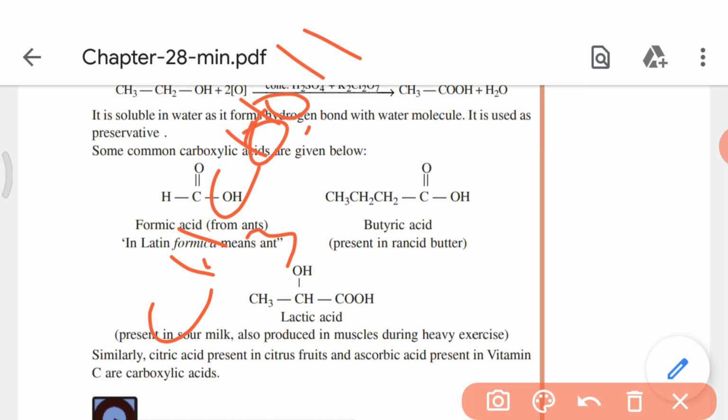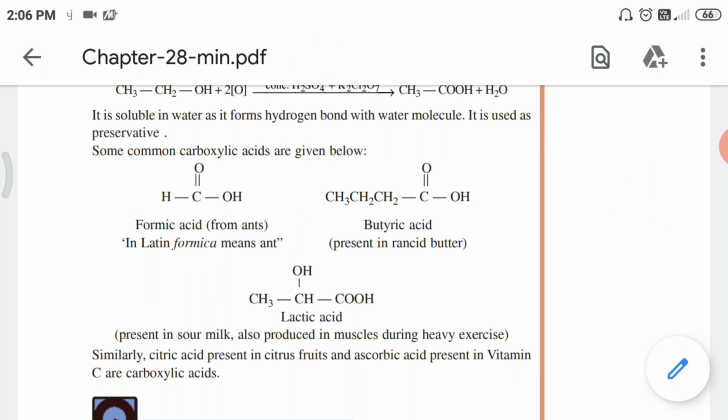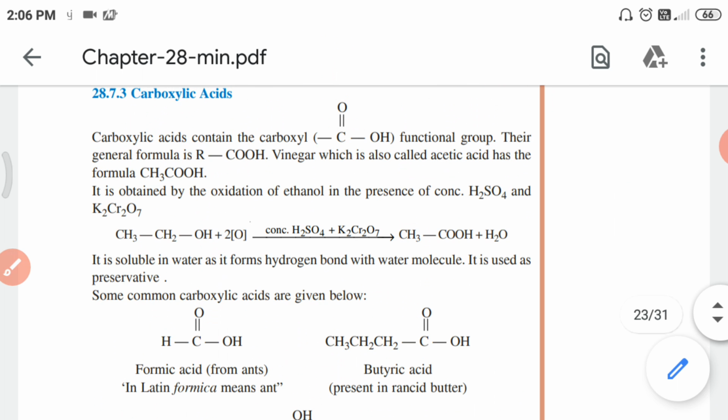All are the same. This is known as the acid group, acetic acid, carboxylic acid group.